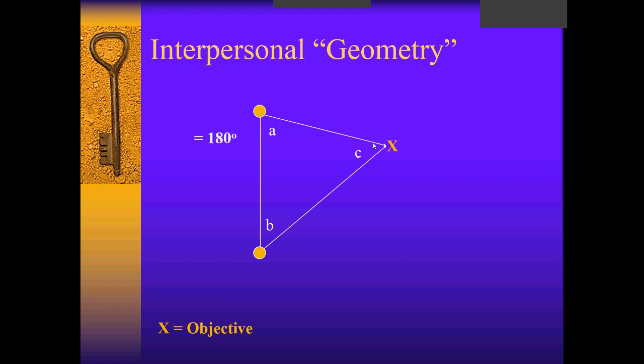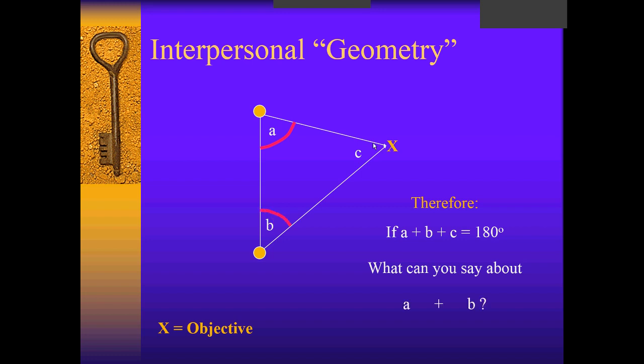If A plus B plus C equals 180 degrees, what can you say about any two angles such as A plus B? Pretty much everybody I do this with tries to do math, well, 90 plus this or that. No, it's very simple. If A plus B plus C equals 180, then A plus B is less than 180.